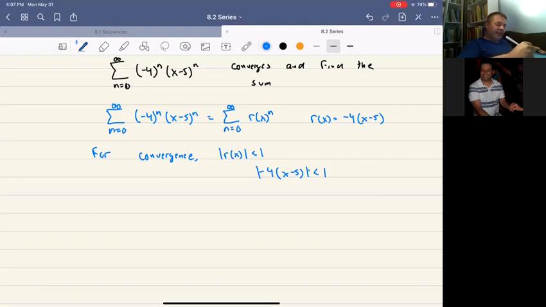So let me write this as negative 1 less than, I don't need the negative on the negative 4, like so. Dividing everything by 4. Adding 5 to everything.